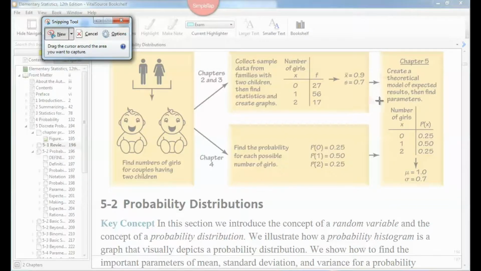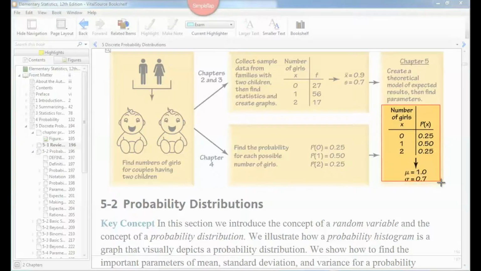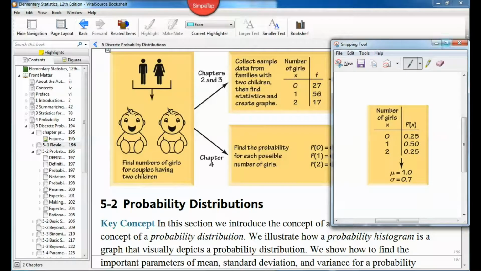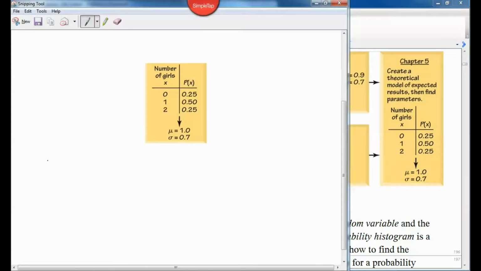Let's say we wanted to find the mean of this probability distribution. According to that formula, we need the sum of x times p of x. This chart right here, we have the x, we have the p of x.